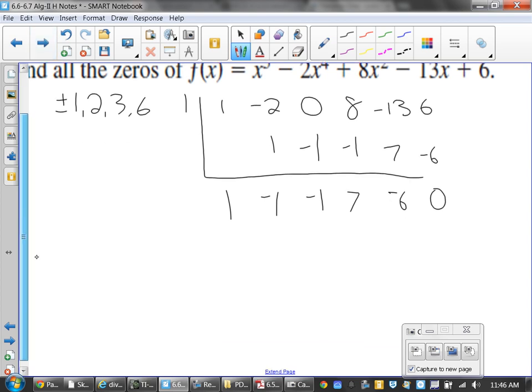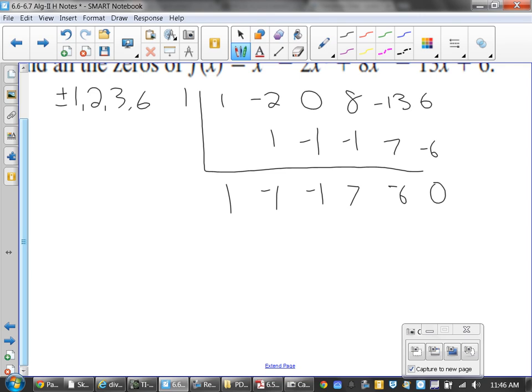So we know that our first zero is at 1, therefore my first term starts with x minus 1. Should I try negative 1 now?